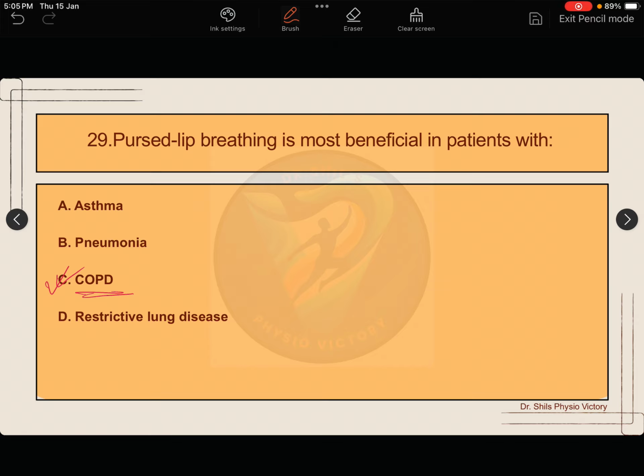Pursed lip breathing involves inhaling through the nose and exhaling slowly through pursed lips, creating positive end expiratory pressure. In chronic obstructive pulmonary disease, particularly emphysema, it prevents airway collapse, reduces air trapping, improves oxygenation, and decreases dyspnea by prolonged expiration.